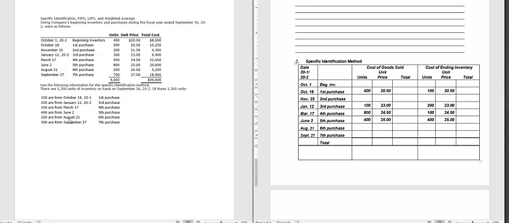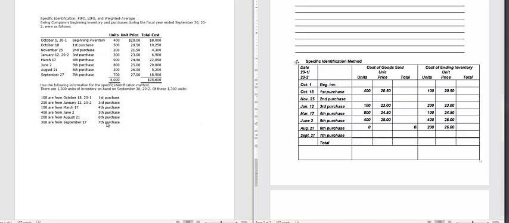Okay, the sixth purchase, we still have 200 from the sixth purchase, and we only had 200, so all of those we still have, we sold none of those, so we know that that will be 0.